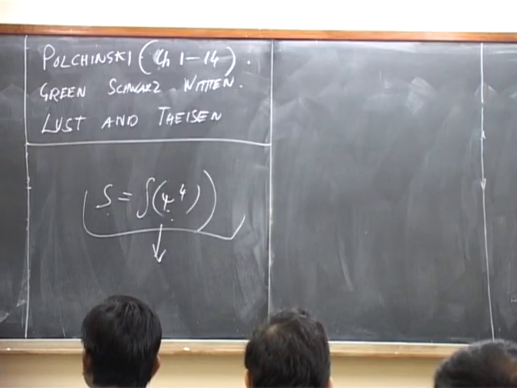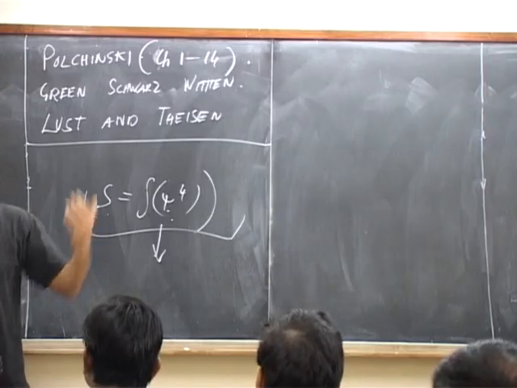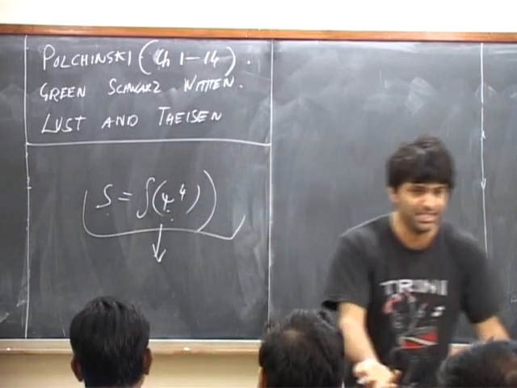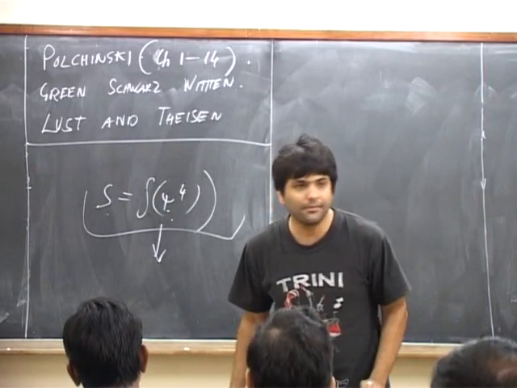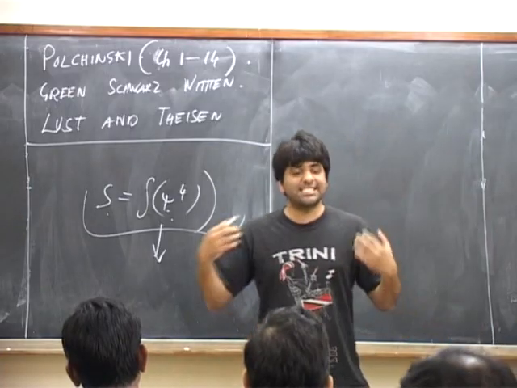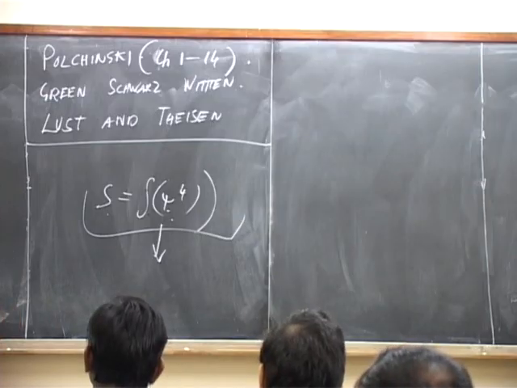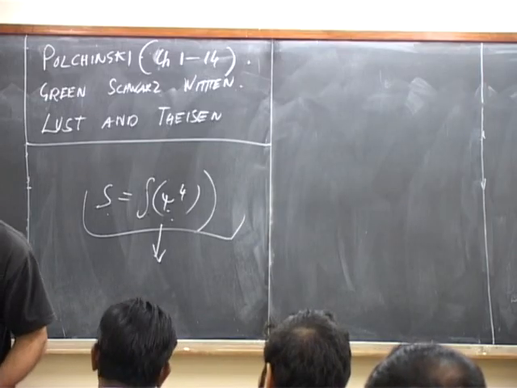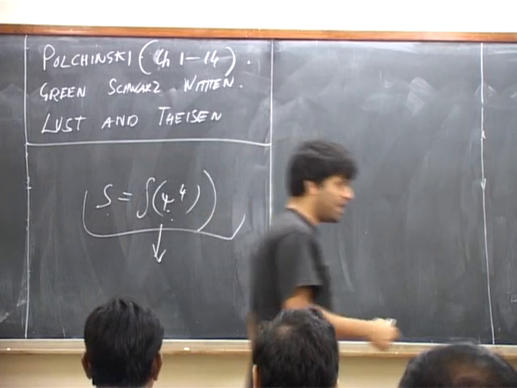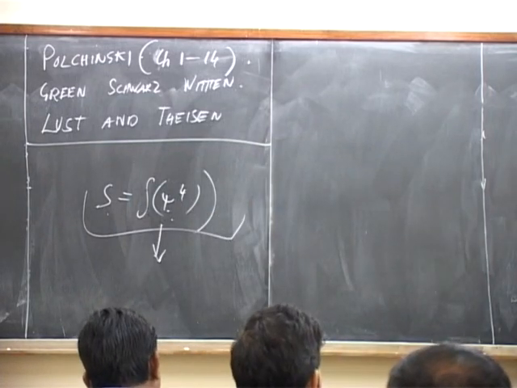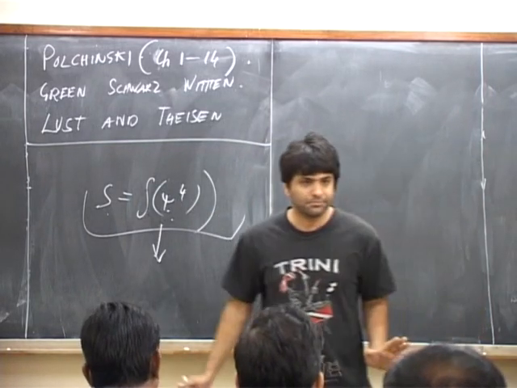You need all the fields of string theory to make it all work. Yet, the effective dynamics at low enough energies is that of gravity. Okay? So this is the program that string theory implements. And it's the program that we're going to study in this course.